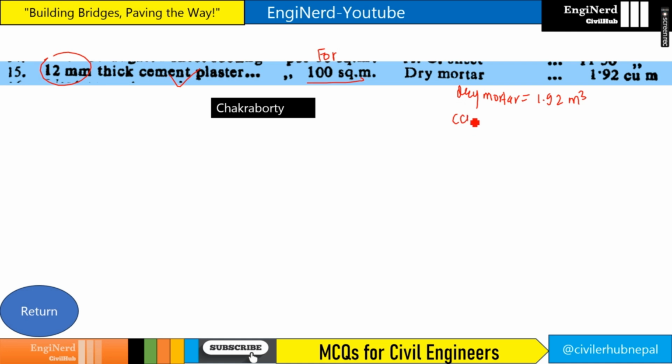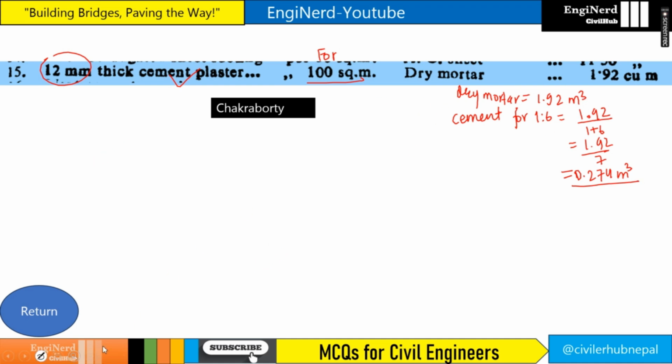So what is the amount of cement for 1:6? Just divide by the sum of the ratio, 1 plus 6. So it's 1.92 divided by 7, and the answer is 0.274 meter cube. So our answer is this.